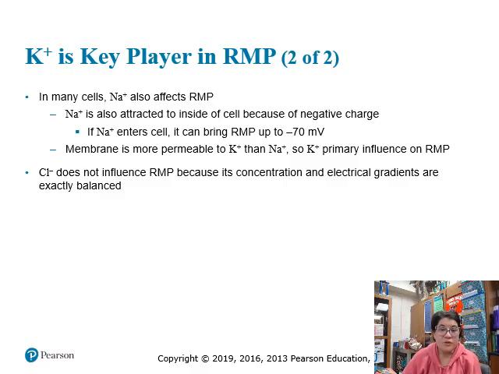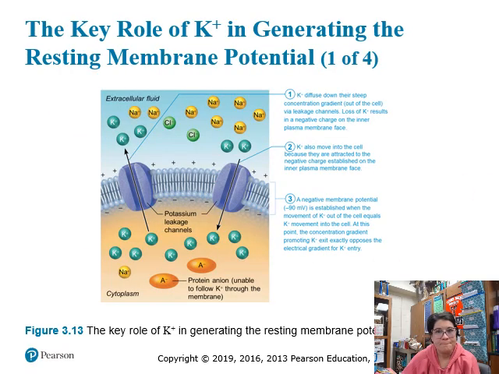Okay, sodium also plays a role here. If sodium moves into the cell, it moves in because the inside of the cell is negative, so it can also cause the charge to change. Chlorine is there, but it's not really playing a role because it's the same inside and out of the cell.